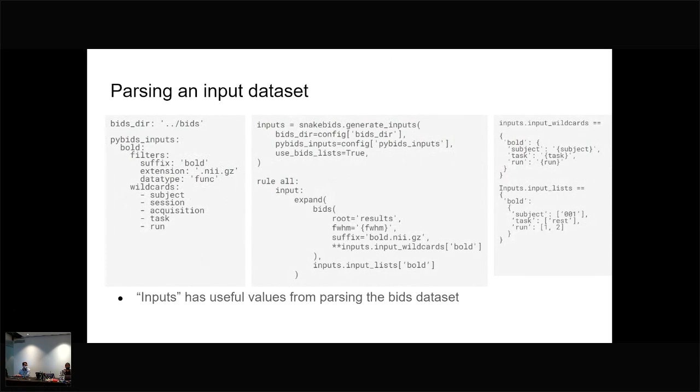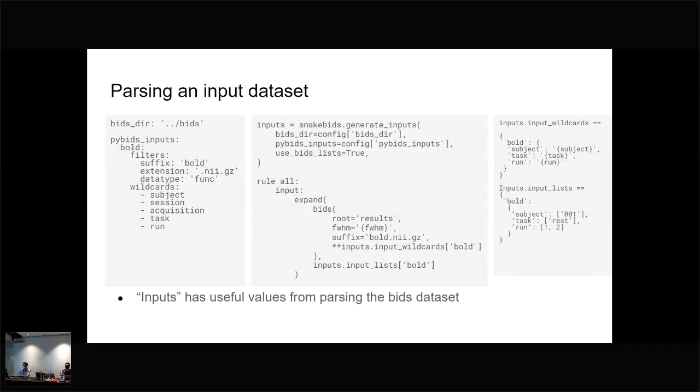The other point, I don't know if you were specifically talking about this, but say subject 2 only had 1 run, like there was no run 2. For that, there's another way of specifying the input lists. Do you want to explain the zip list? Yeah, sure.